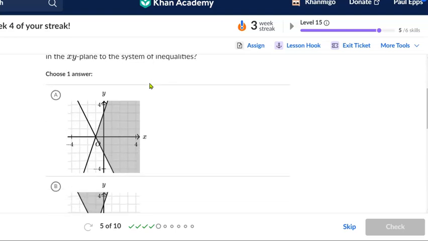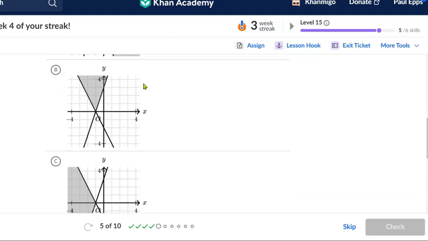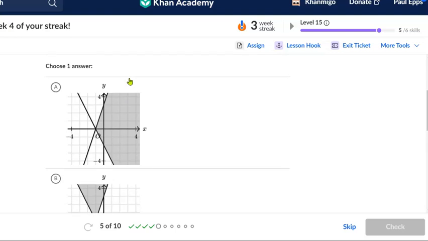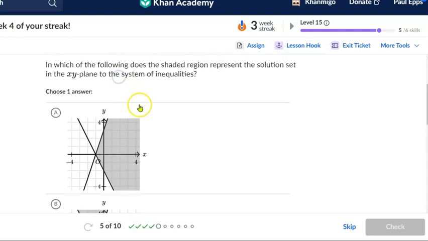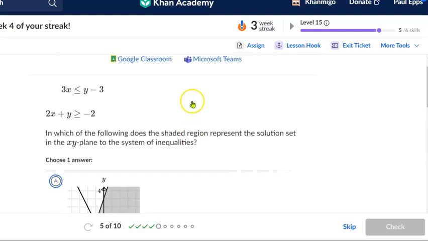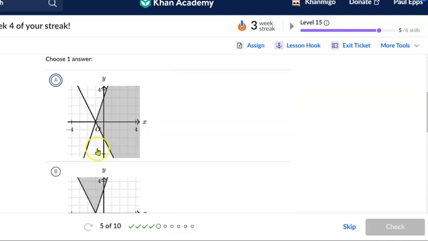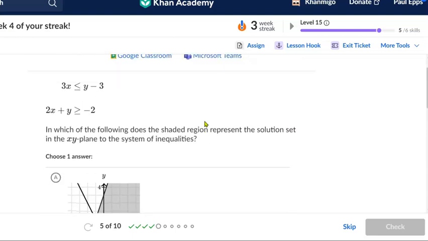So that line, and looking at the answers here, all the lines are the same, so we don't have to worry about that. But the 3x minus 3 line is the line that slopes upward and to the right. That is the 3x minus 3 line. All right, now put the inequality back in.